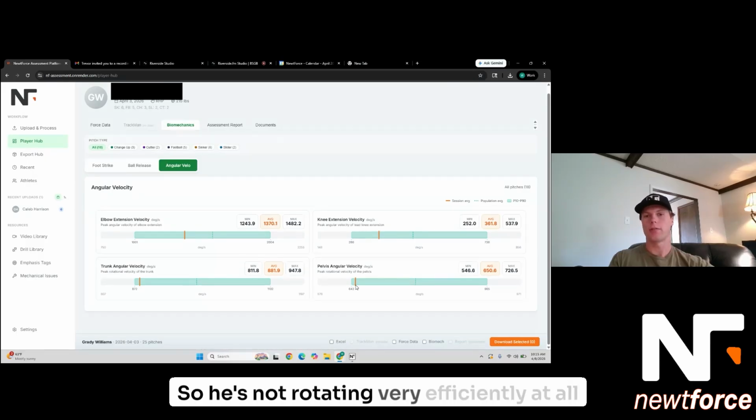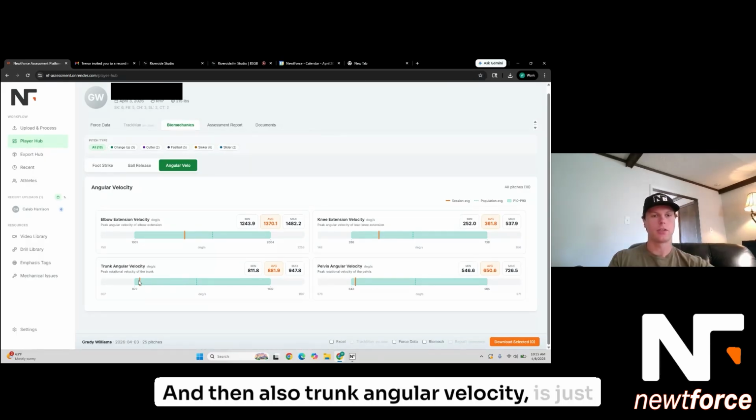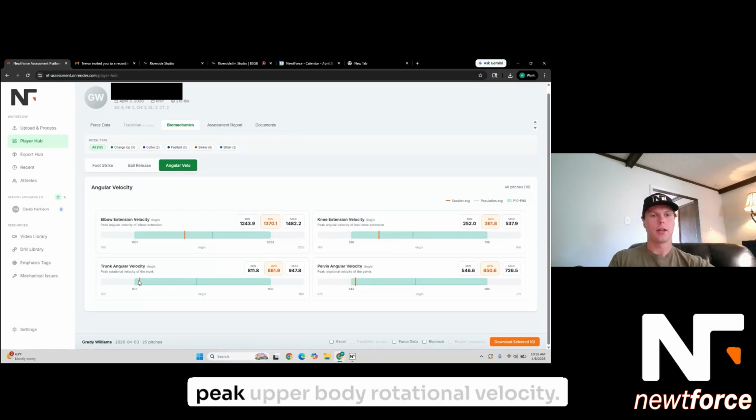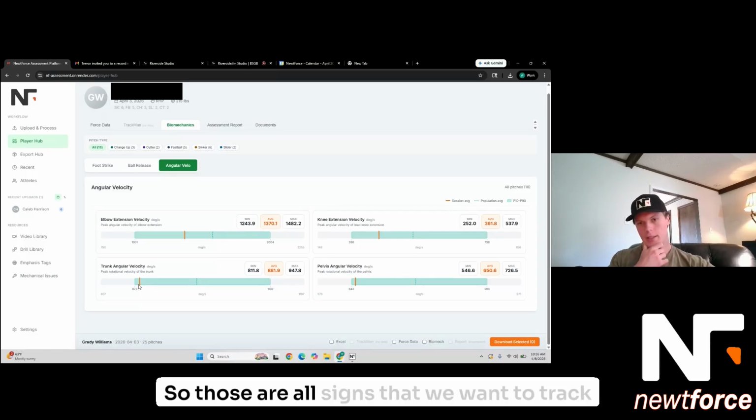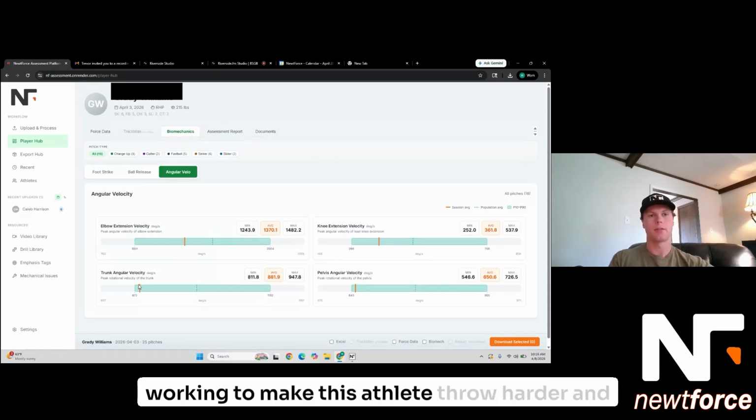So he's not rotating very efficiently at all in the hips. And then trunk angular velocity, which is just peak upper body rotational velocity, was also at the bottom end of that range. Those are all signs that we want to track and address throughout this process of working to make this athlete throw harder and be more consistent.